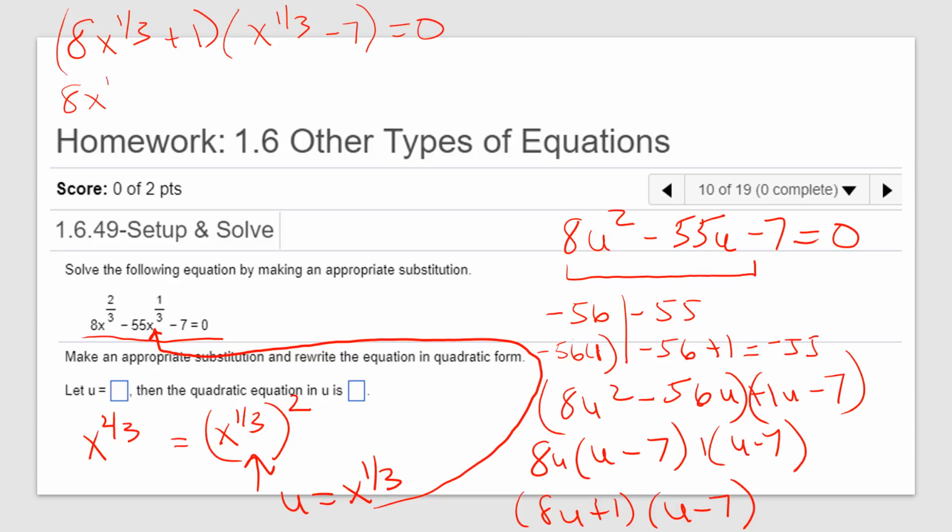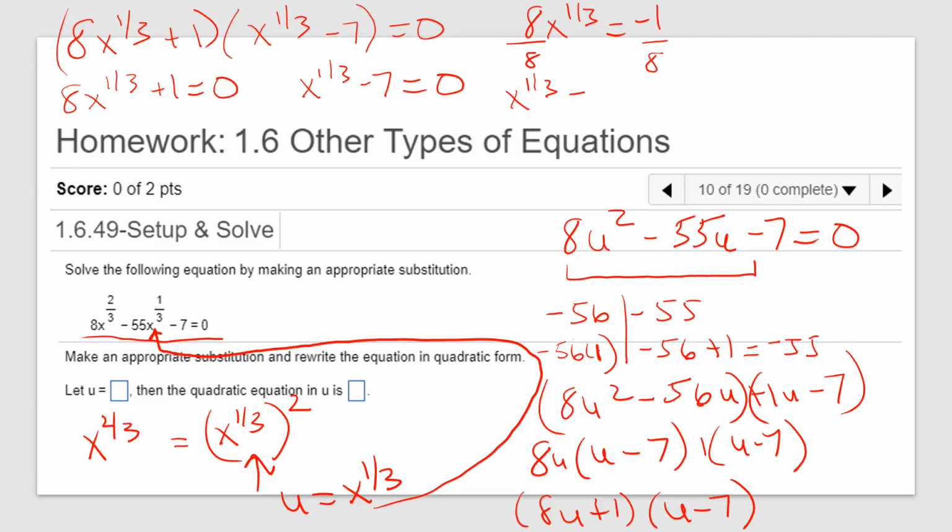So 8x to the 1/3 power plus 1 equals 0, and x to the 1/3 power minus 7 equals 0. On the first one, I'm going to subtract 1, so 8x to the 1/3 power equals negative 1, and divide by 8. So x to the 1/3 power equals negative 1/8.